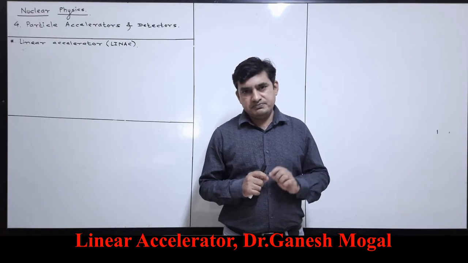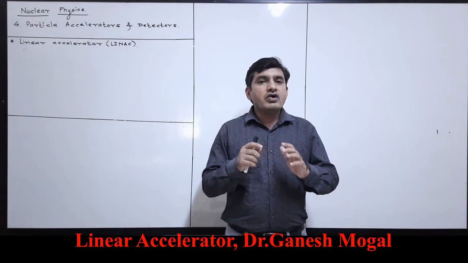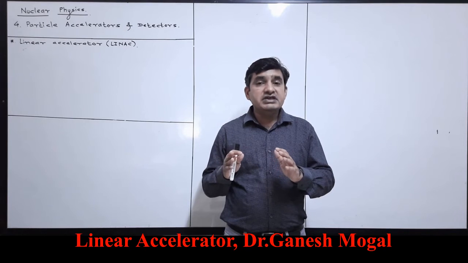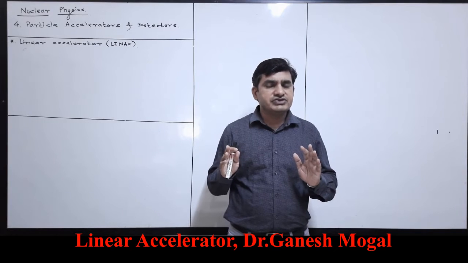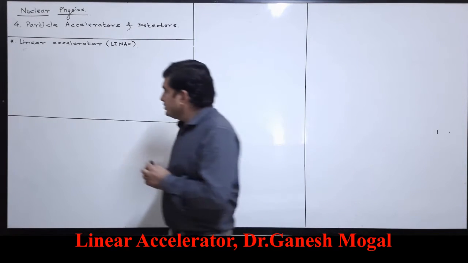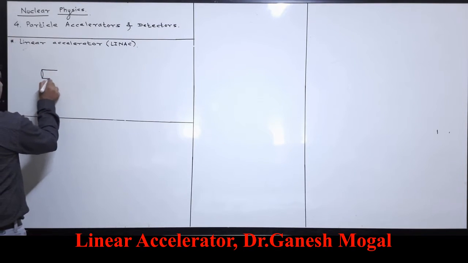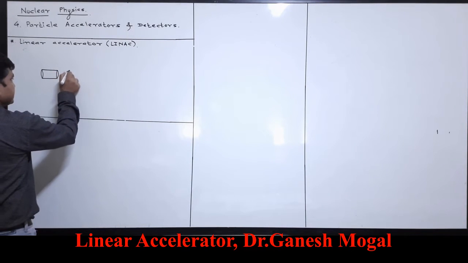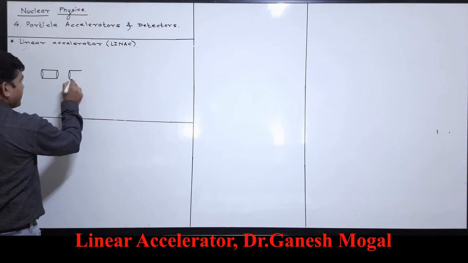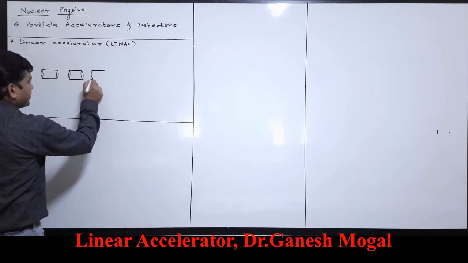The linear accelerator consists of cylindrical shape electrodes. The length of the electrodes increases, and they are cylindrical in shape. Now, if we consider this is one cylindrical electrode, this is the second electrode, third electrode.